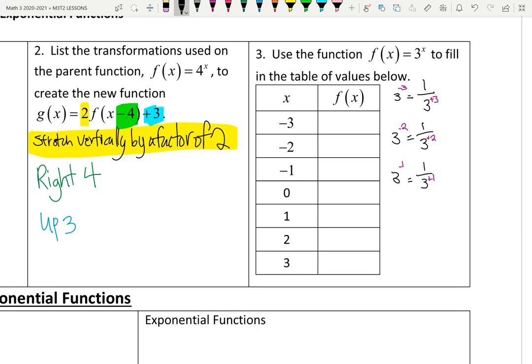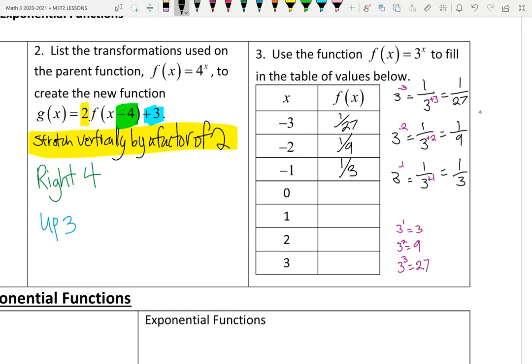This is going to be equal to 1 over 27, 1 over 9, and 1 over 3. Now, filling out the rest, I can go ahead and do 3 to the first is just going to be 3. 3 squared is going to be 9. And 3 to the third is going to be 27.